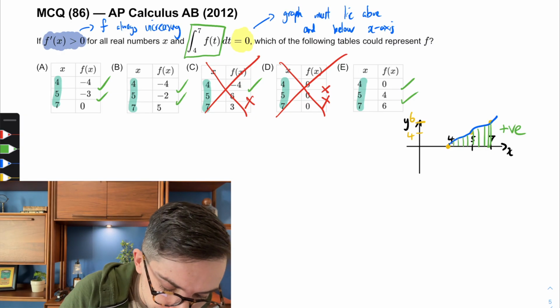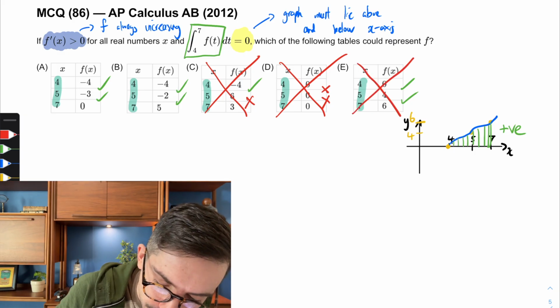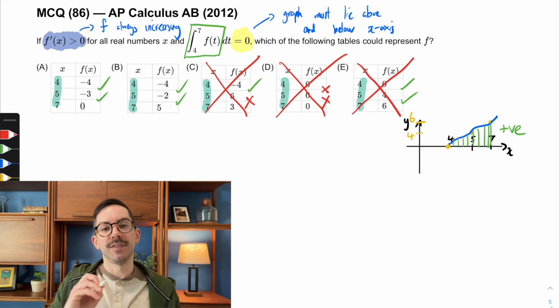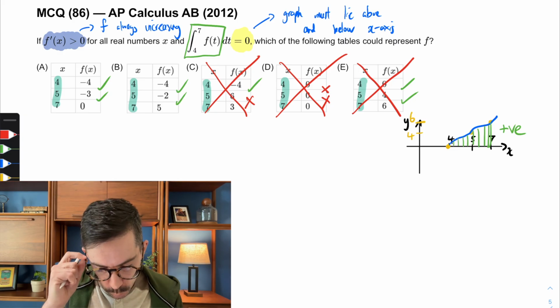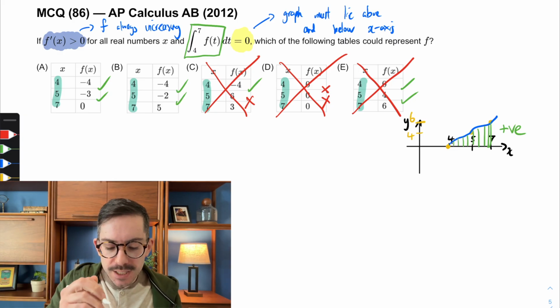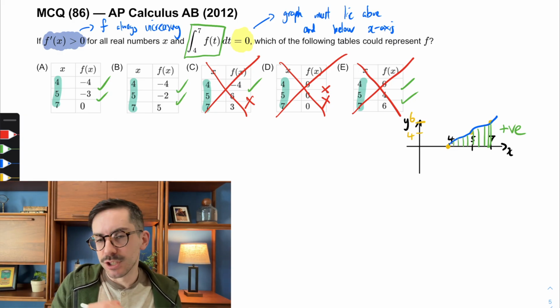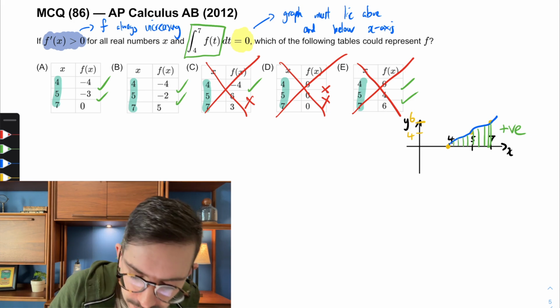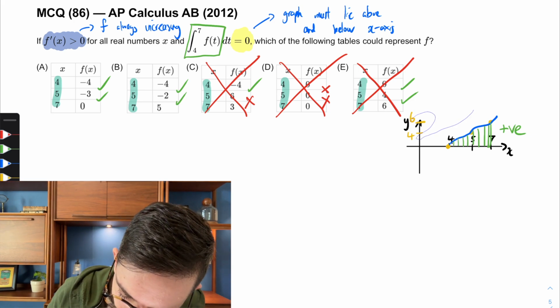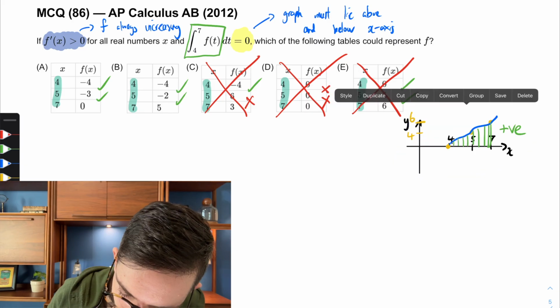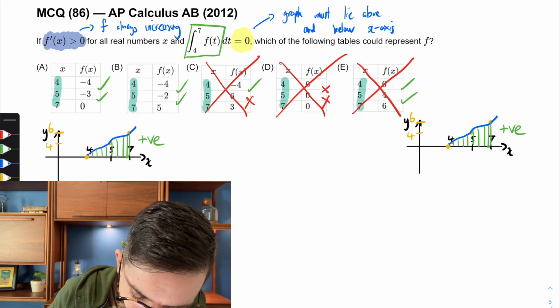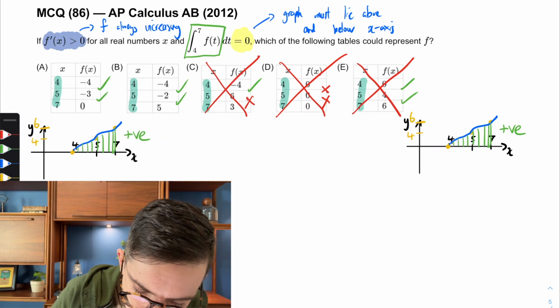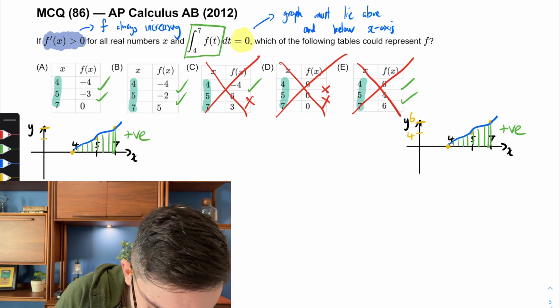So answer choice E cannot be the correct answer using that definite integral information. For a similar reason, you can see that answer choice A isn't possible either. I'll quickly demonstrate that for you just by reusing this graph, if I erase a lot of what's going on here.